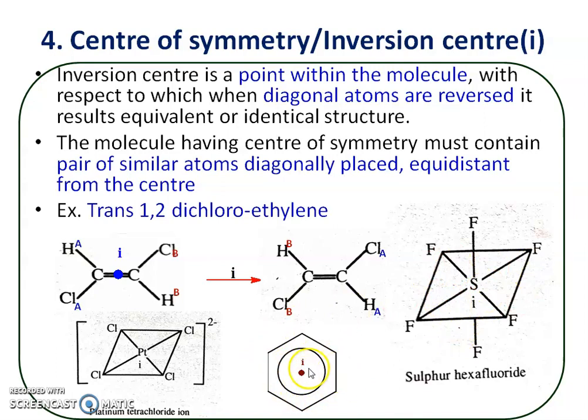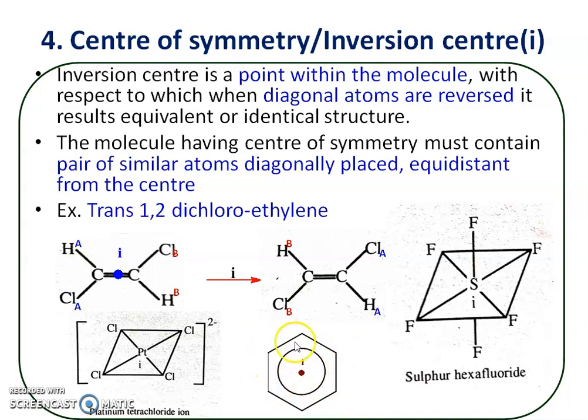Again, consider the example of benzene. In benzene again there is an inversion center. With respect to this center, each carbon atom which is diagonally placed is exchanged, and at the same time each hydrogen atom is exchanged with each other, and then we get an equivalent structure.